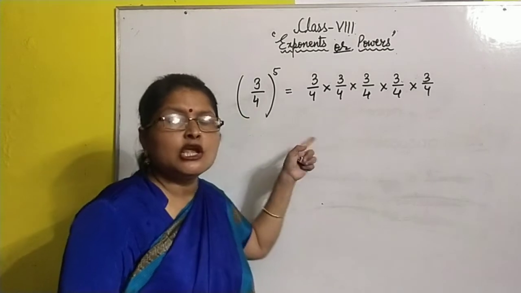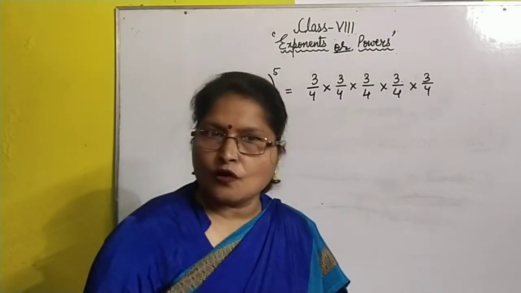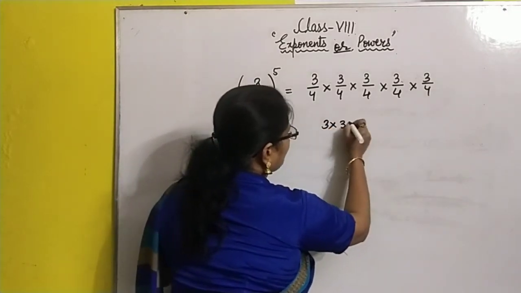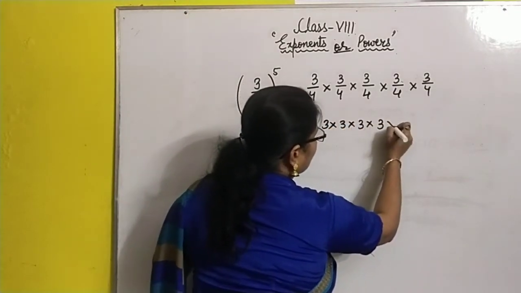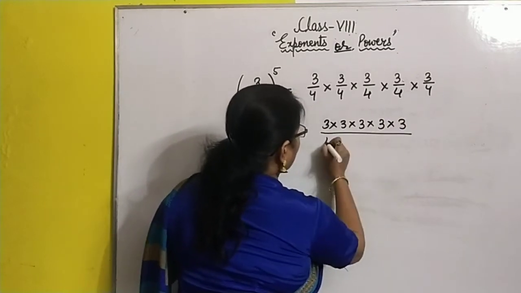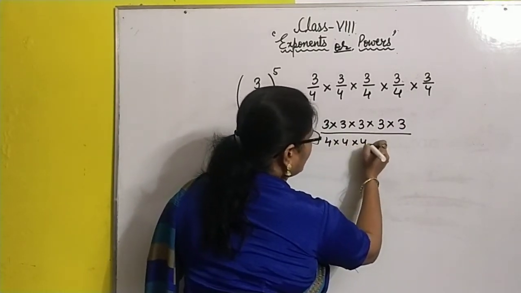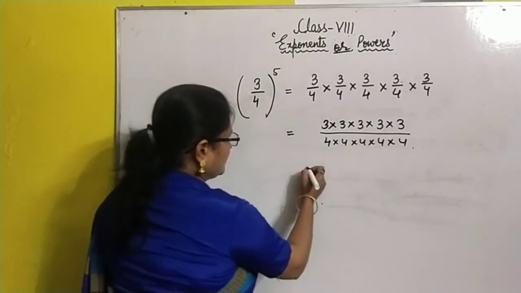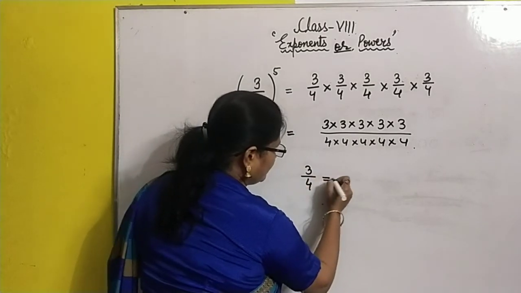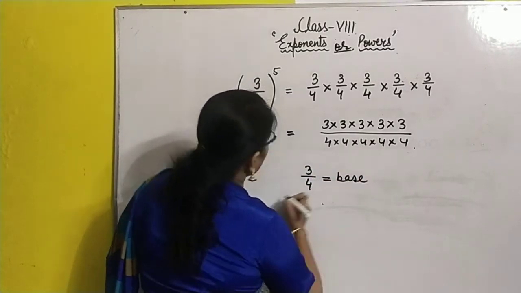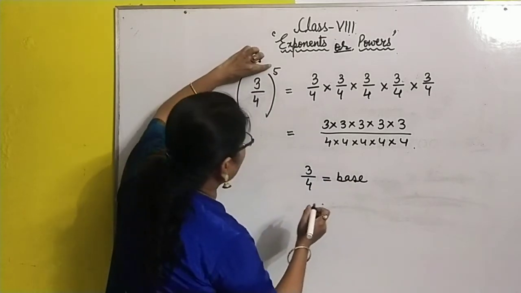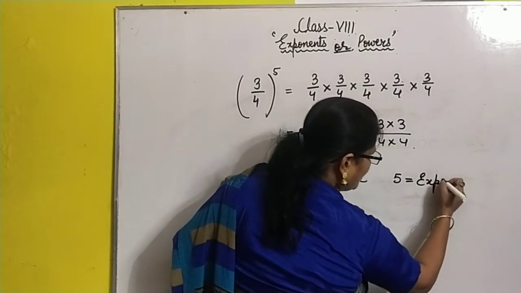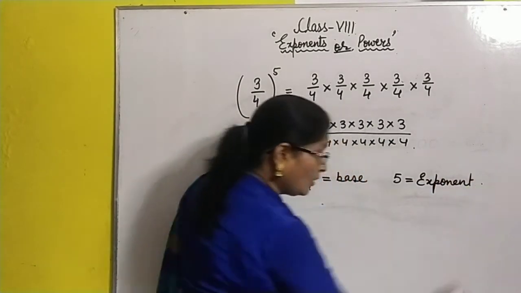You can also write 3 into 3 into 3 into 3 into 3 upon 4 into 4 into 4 into 4 into 4. In this question, 3 by 4 is the base and it is raised to the power 5. So 5 is the exponent. Clear?